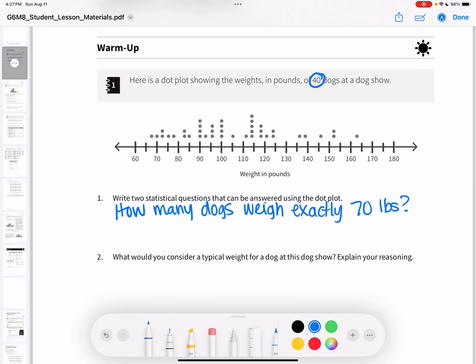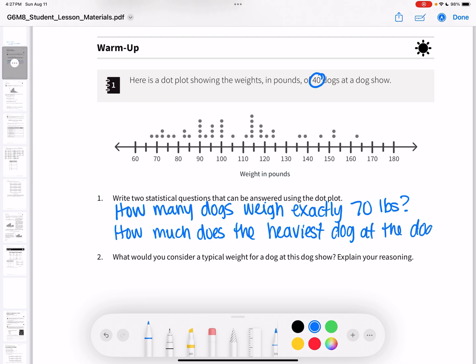And how much does the heaviest dog at the dog show weigh? Both of those can be answered with our dot plot.